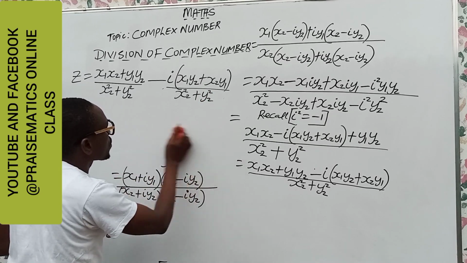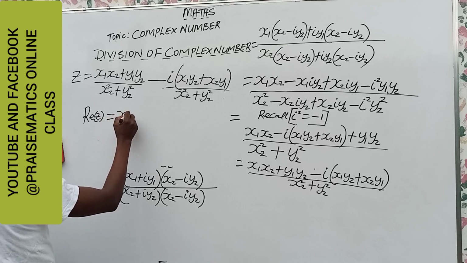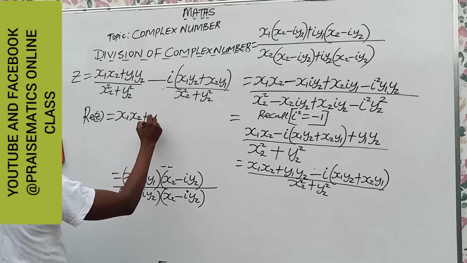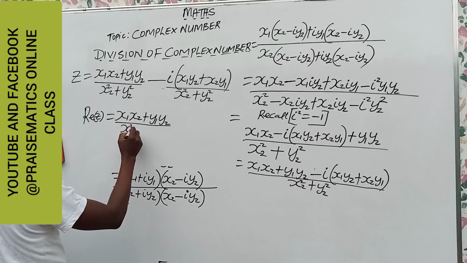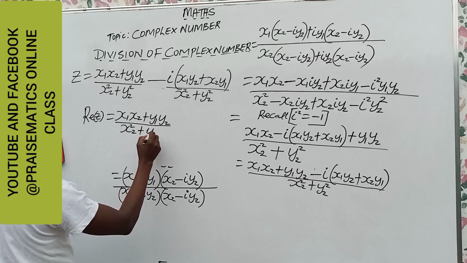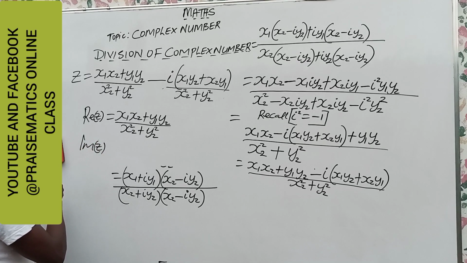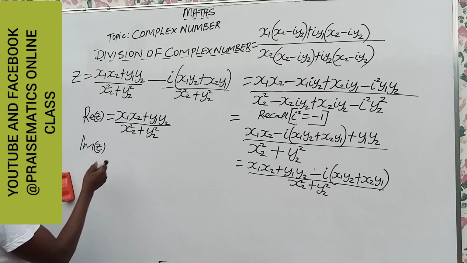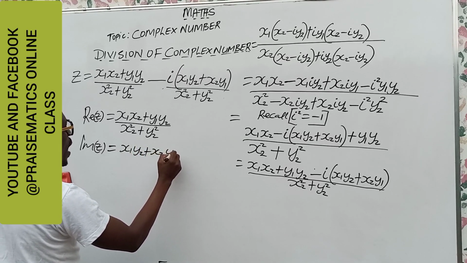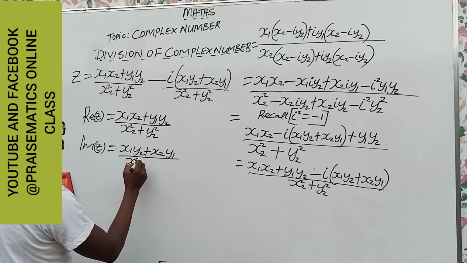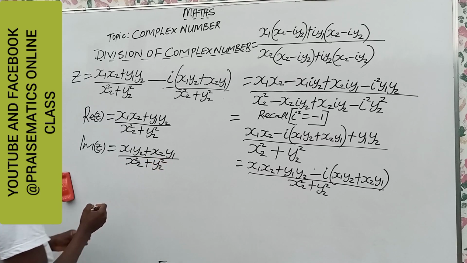So finally, our Re Z is equal to x1 x2 plus y1 y2 all over x2 square plus y2 square, and Im Z is equal to x1 y2 plus x2 y1 all over x2 square plus y2 square. So that is how to prove it.